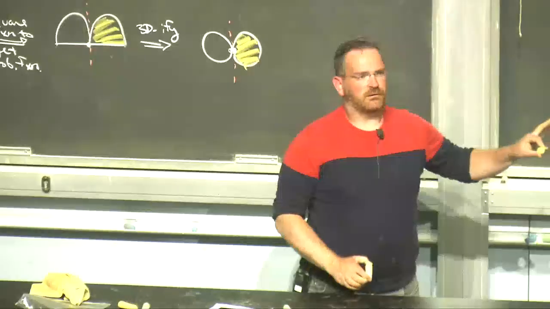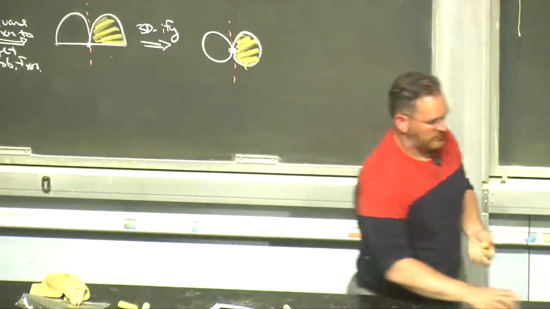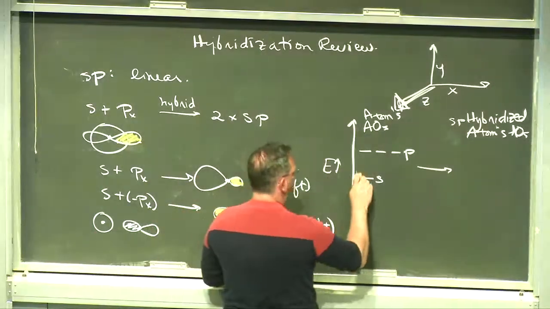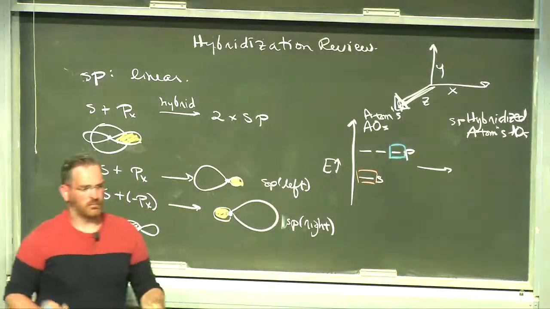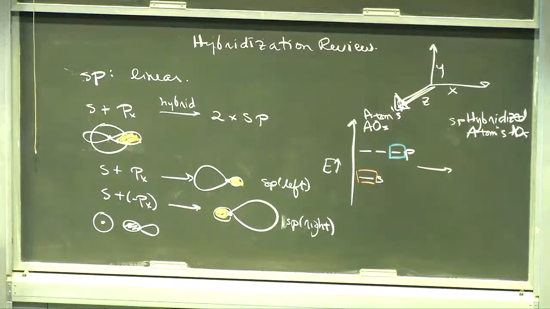The atom started some kind of way, then we took the s and one of the p's. We mixed them together, we added and subtracted them from each other, and we got two new things. How should the energies of sp left and sp right relate to each other? What is the chemistry term for how those energies are related?